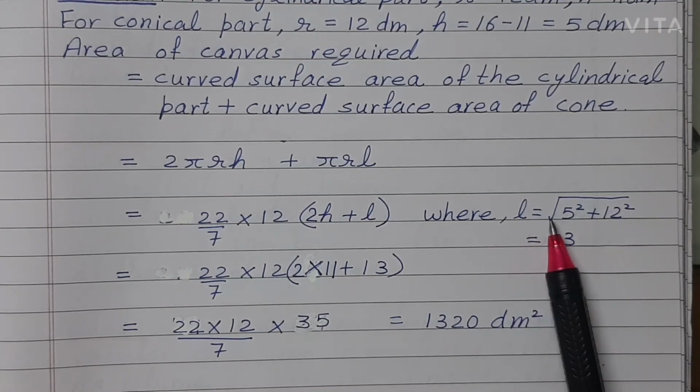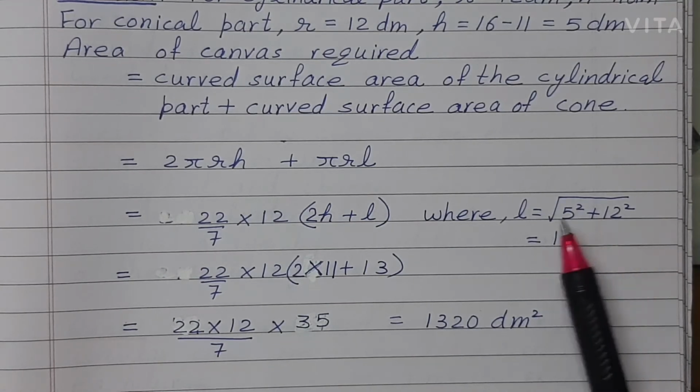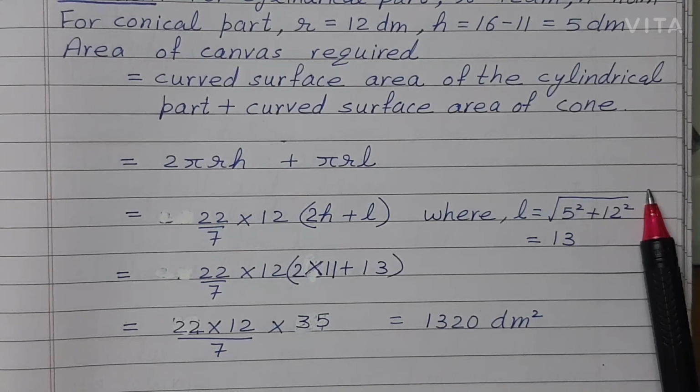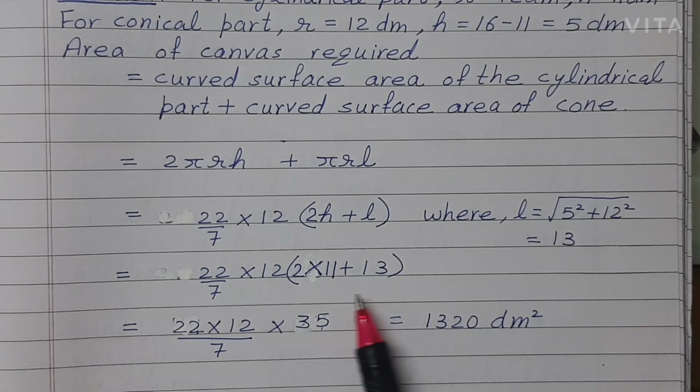That is equal to square root of 5 square plus 12 square, that is 169. So l is 13. After solving this, our final answer is 1320 decimeter square. Clear?